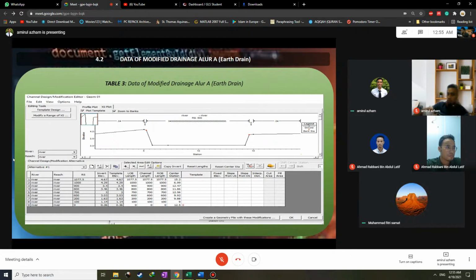If you look at the editing tools, there are templates that show the template design, which is what type of design we want for that channel. And the template results from the template design, which we are going to change.